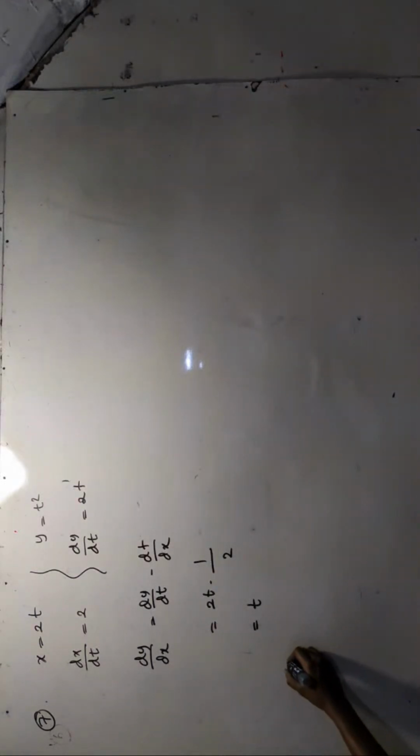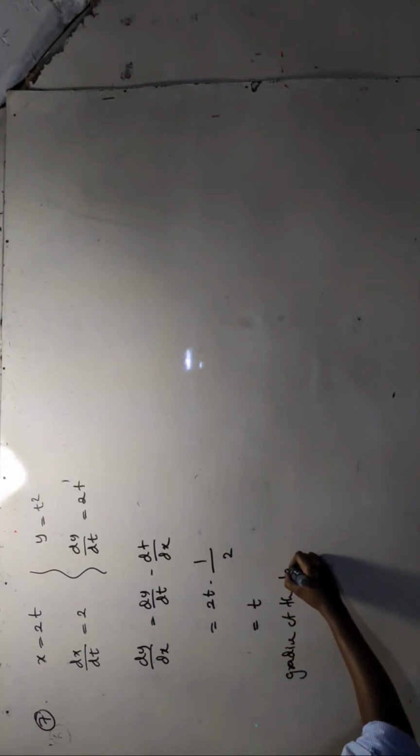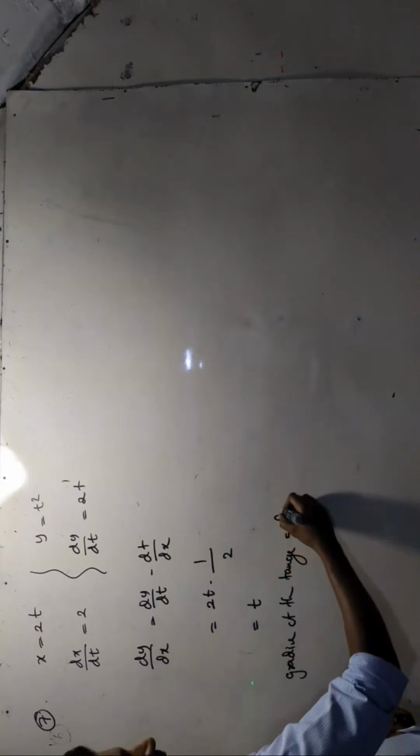Now we need to find the gradient of the tangent at the P point. At the P point, t is equal to 3. Find the equation of the normal which is drawn at P. So first of all, let's find the gradient of the tangent. That is equal to dy by dx.